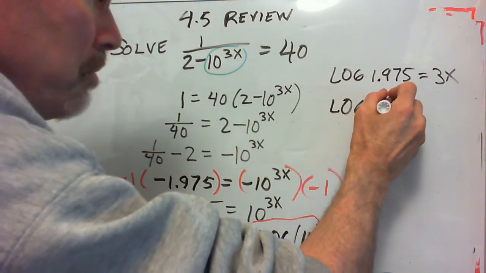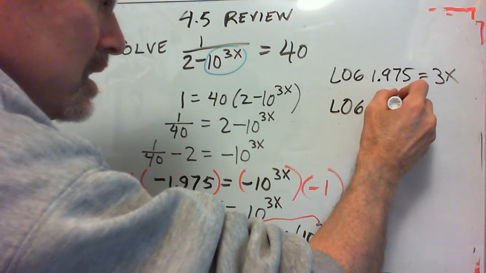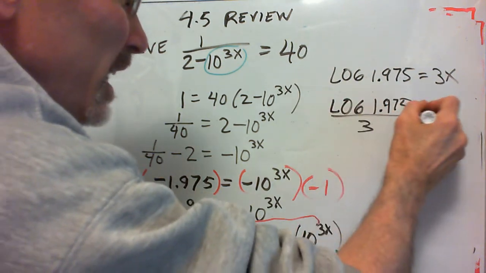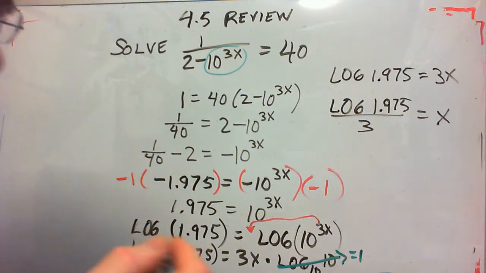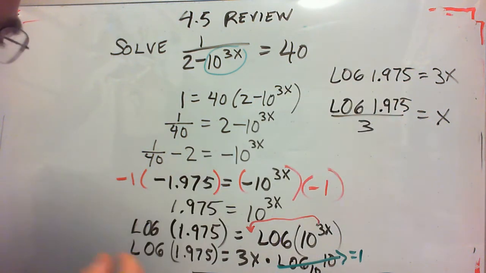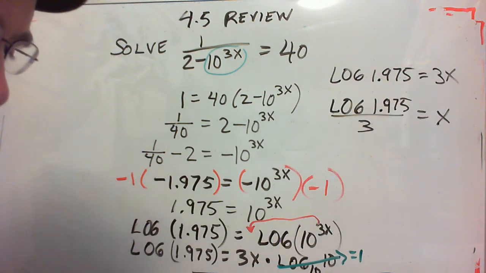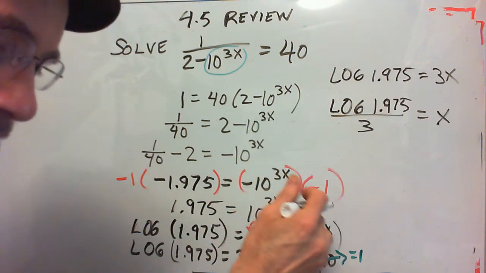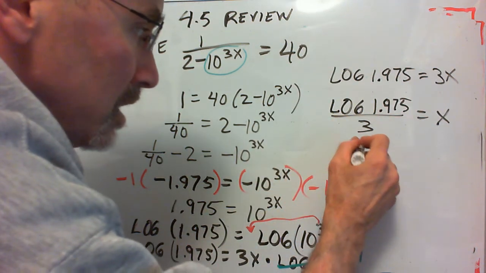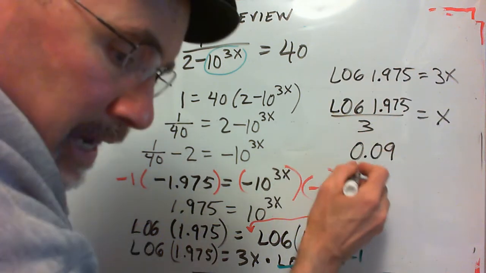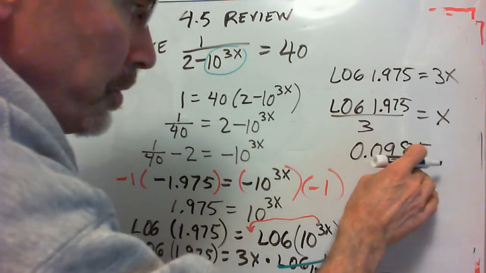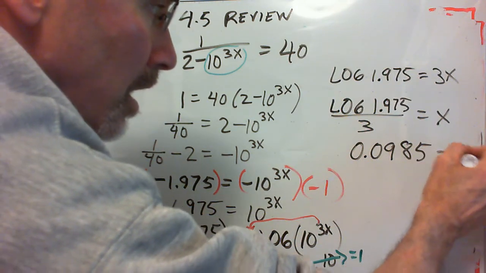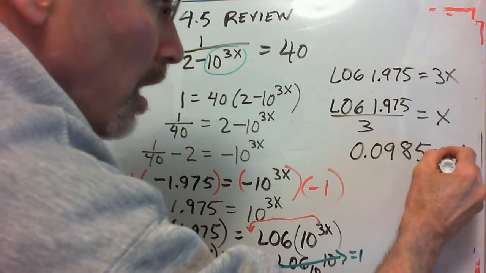Well, to solve for x, just divide both sides by 3. So log of 1.975 over 3 equals x. Now that is the exact answer. But you can plug that into a calculator. It's a base 10 log. Take that log and then divide by 3, and you get 0.0985 if we round it off to 3 significant digits.